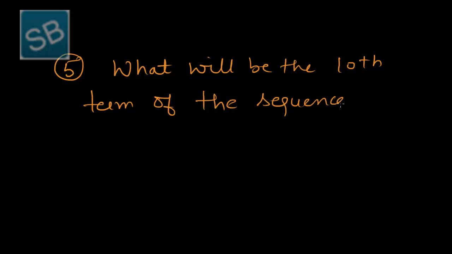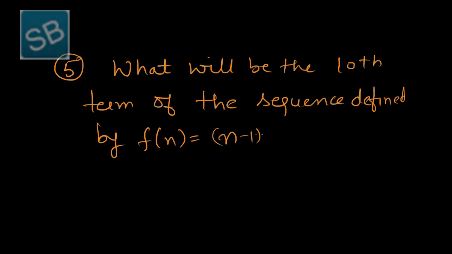Now the next problem is: what will be the 10th term of the sequence defined by f of n is equal to n minus 1 into n plus 2 into n minus 3.